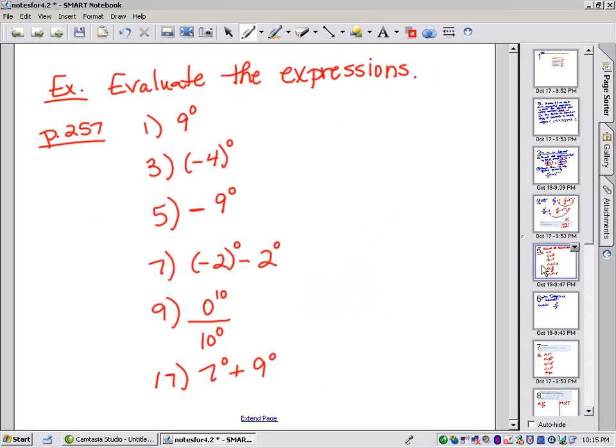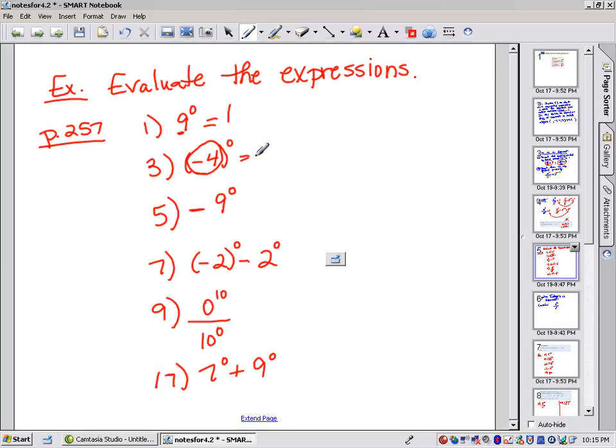Let's look at some practice with these types of expressions and evaluate them. I pulled these from page 257 in your textbook, the exercise set for section 4.2. If I have 9 to the 0, well, 9 is a non-zero number, so 9 to the 0 has to be 1. Negative 4 to the 0, my base is negative 4. The base could be anything except 0, so it doesn't matter here that it's negative.